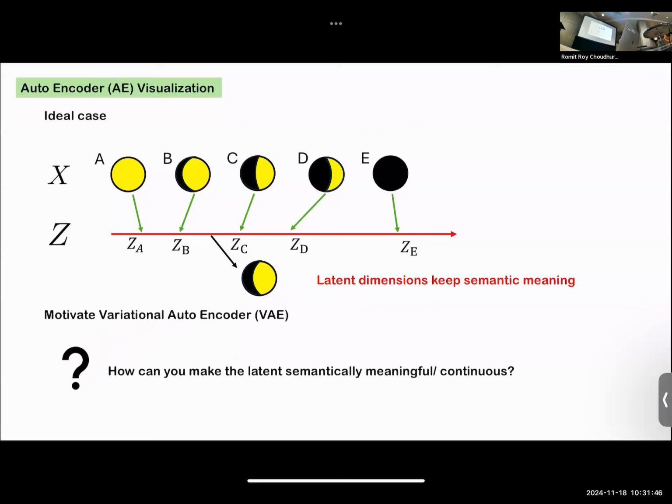What can you do? Something simple that makes sampling at this location, which is halfway between ZB and ZC, give you the halfway image between B and C. I want to do something that will make that happen. Ten seconds of thought.